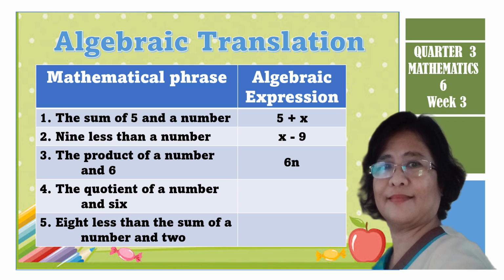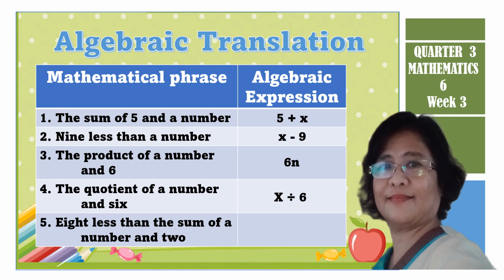Number 4. The quotient of a number and 6. And what is your answer? If your answer is x divided by 6, you are correct.